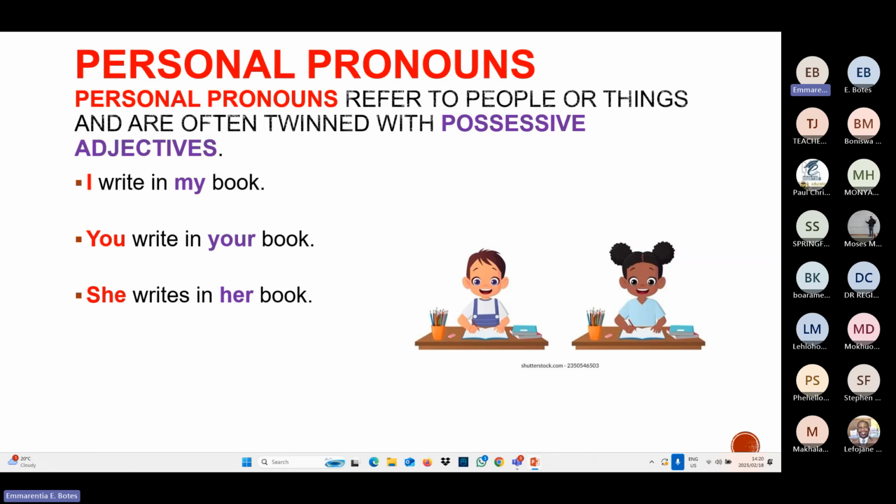So she, personal pronoun, her, possessive adjective. He writes in his book. He, personal pronoun, his will be the possessive adjective. And then for the plural, they write in their books. So they will be a personal pronoun and their will be the possessive adjective.